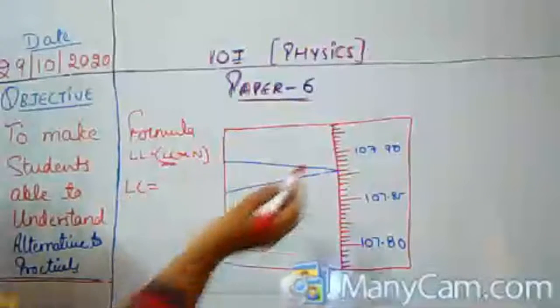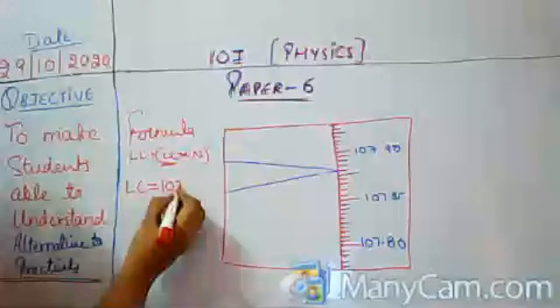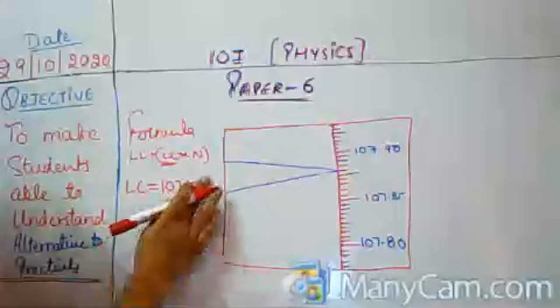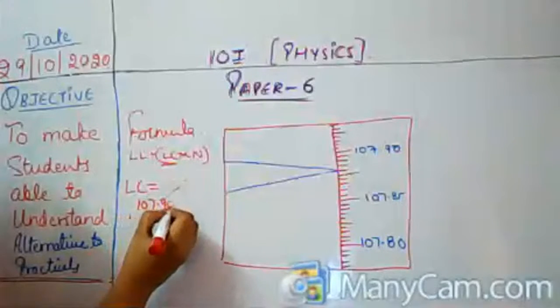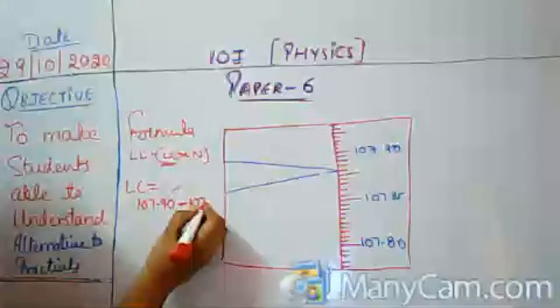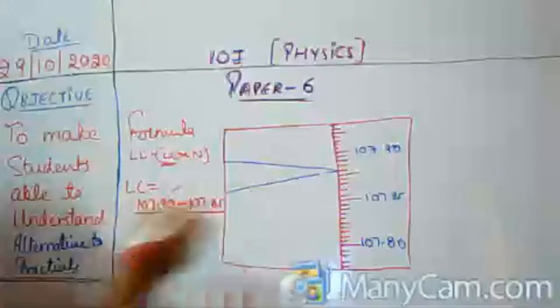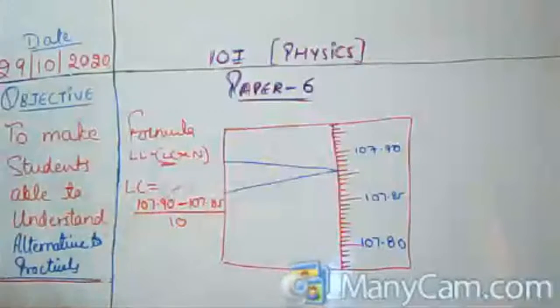Upper limit minus lower limit, that is 107.90 minus lower limit 107.85, divided by the gaps. How many gaps are there? 10 gaps are there. Fine. So divide by 10.